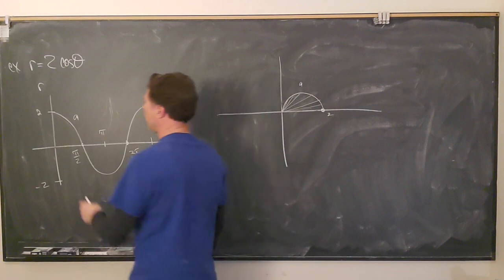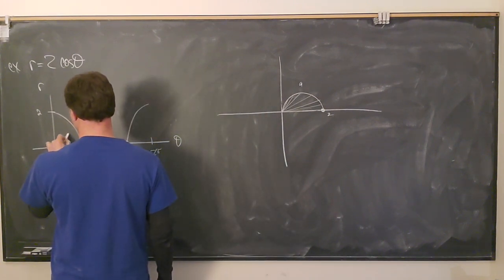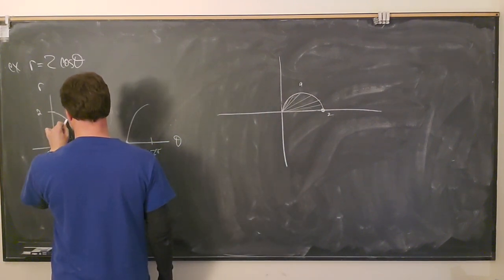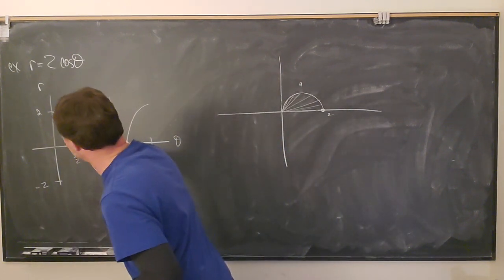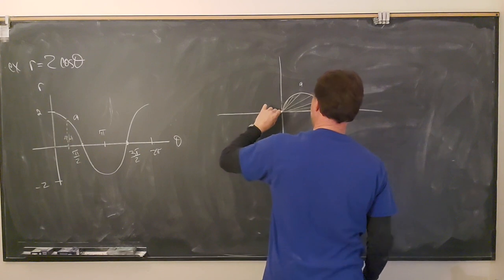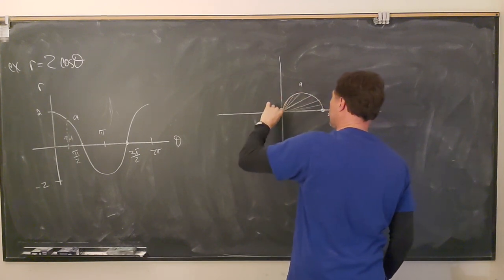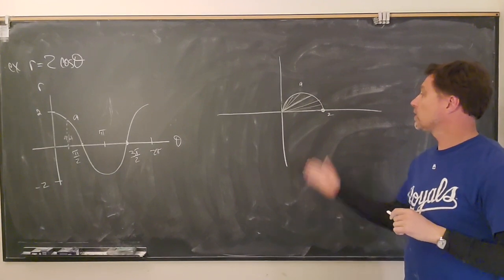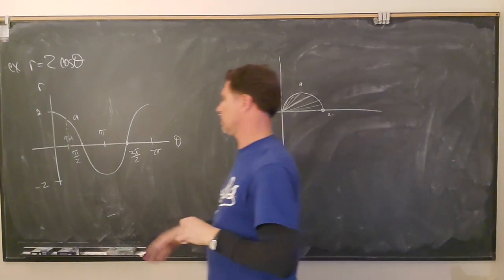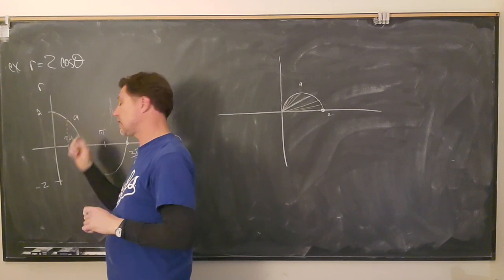So for example, right here, when I'm at pi over 4, what's my radius? Well, it's that distance, that height right there, and that needs to match the angle pi over 4 distance right there. So as we sweep out the first quadrant, our radius starts at 2 and decreases to 0.